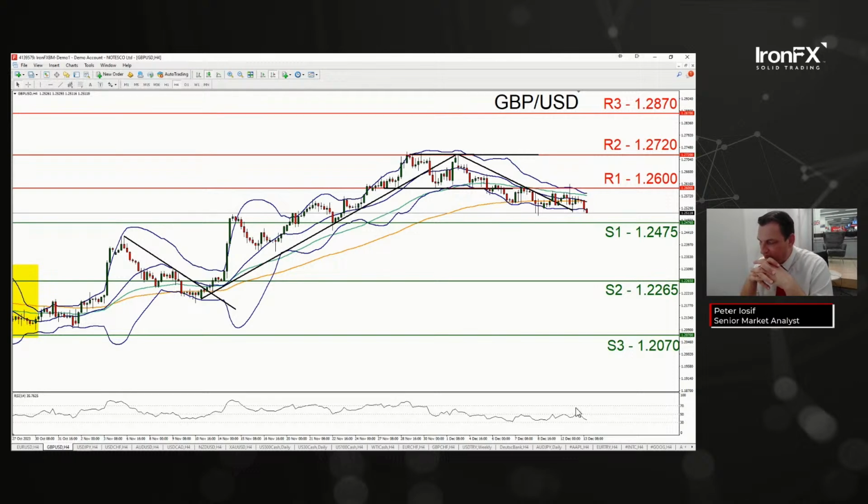I think that on the fundamental side, there's nothing left behind the Fed's interest rate decision, at least until tomorrow morning. And let's not forget that tomorrow we get BOE's interest rate decision in the late European session, which could be a shaker for GBP/USD, as could be ECB's interest rate decision also tomorrow for Euro/USD.